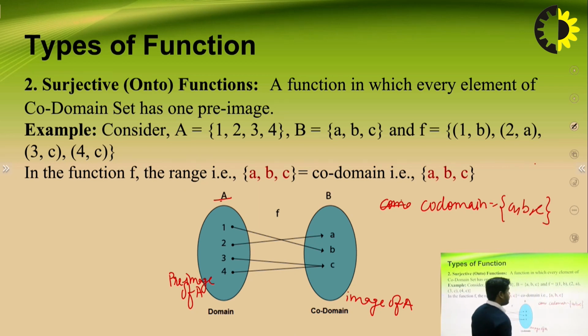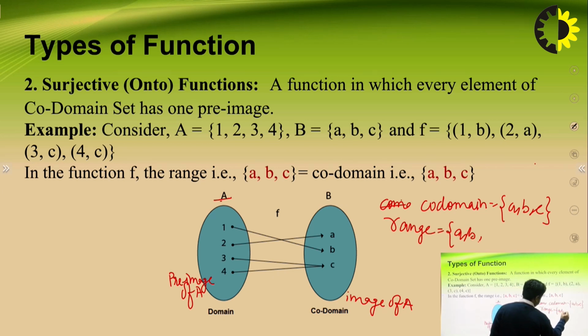Now the range contains the elements that are connected to set A, and they come in the range. So the range is a, b and c.